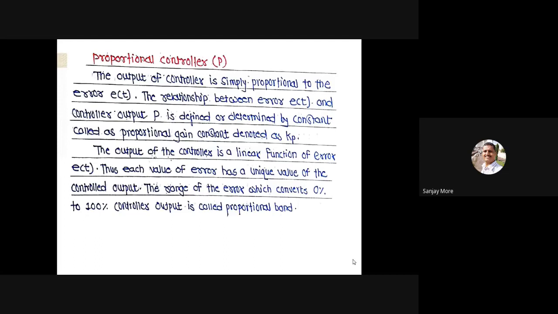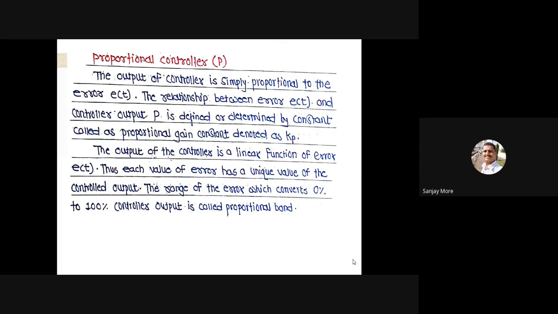Thus, each value of error has a unique value of controller output.